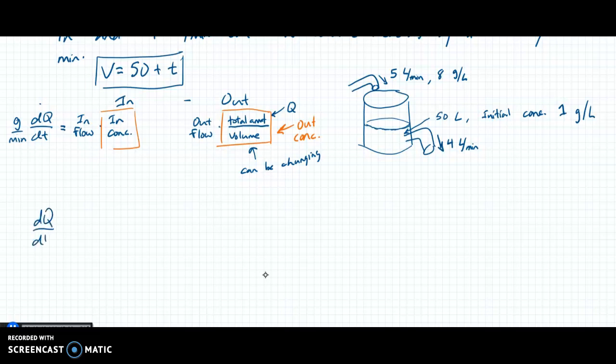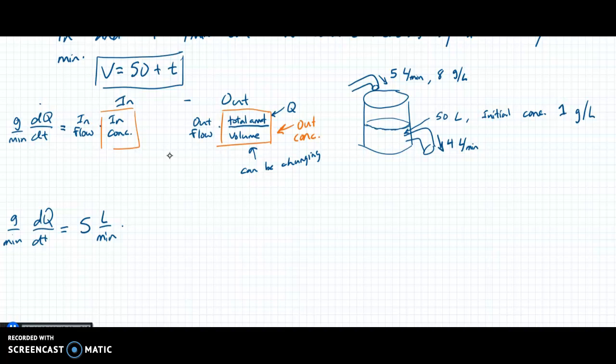All right, so dQ/dt, grams per minute, is equal to, all right, in flow rate. Well, that is 5 liters per minute. I always write my units. I write these units and I write these units, and I'm always double checking to make sure that they will cancel correctly so I don't mess something up.